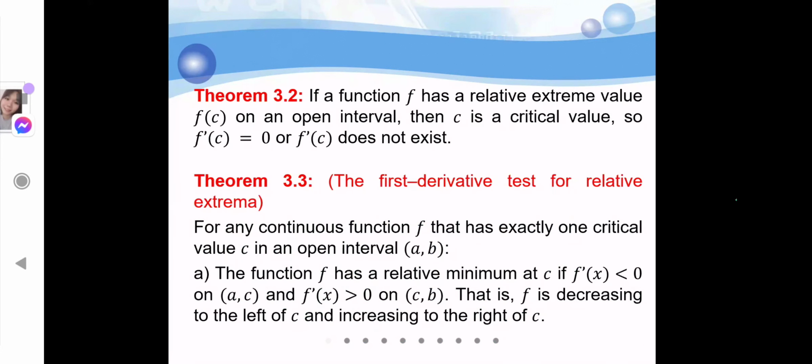Okay, we have the second theorem. If a function f has a relative extreme value at c on an open interval, then c is a critical value.